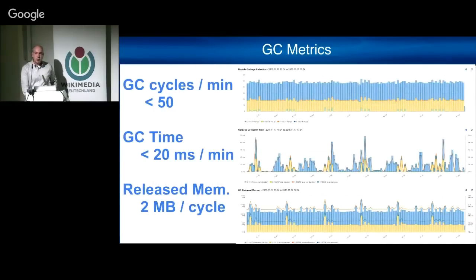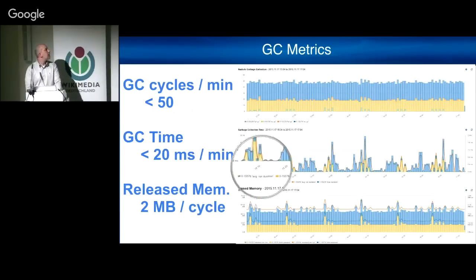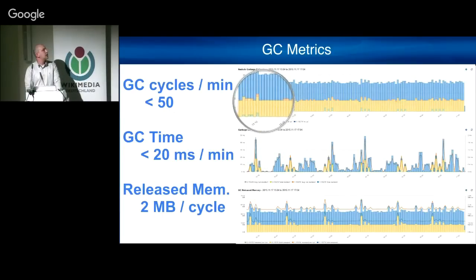If we look at garbage collection, this is just a chart showing two different processes. We have a blue process and a yellow one, and you see the little green maybe. Let me check. The little green is the full garbage collection runs, and the little orange and the incremental garbage collection runs are the yellow and the blues.